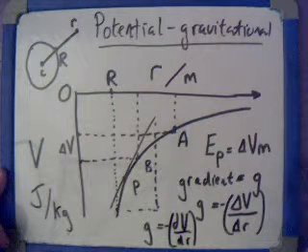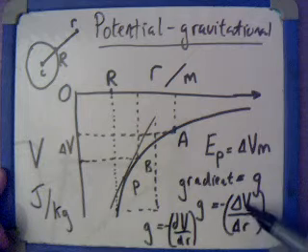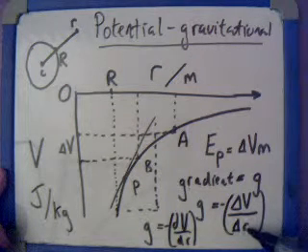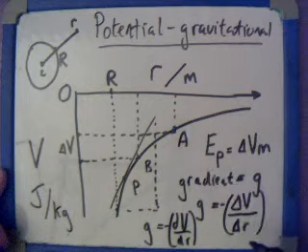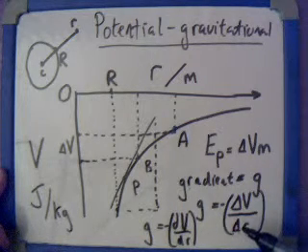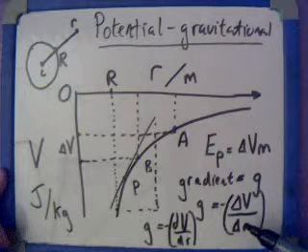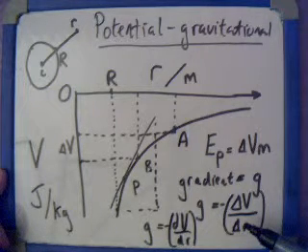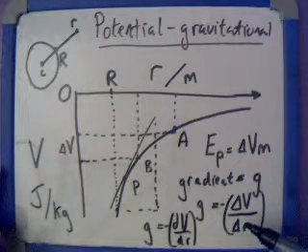So basically the gravitational field is the change in potential with respect to the change in distance, and the steeper the line, the greater the gravitational field. And that is that.